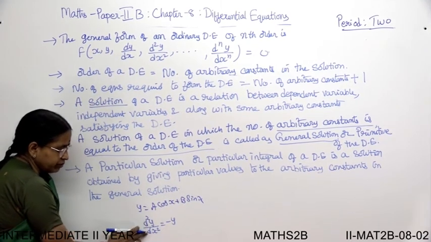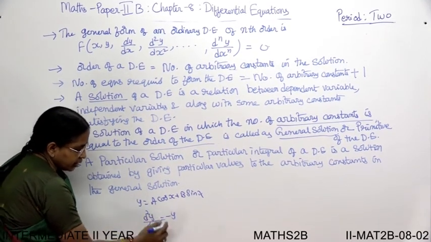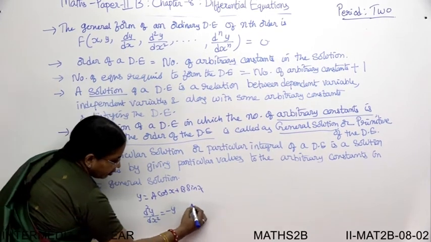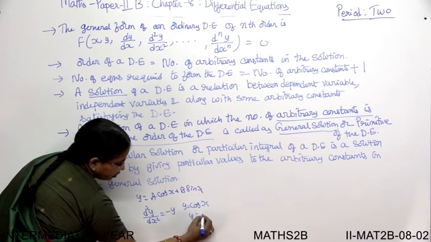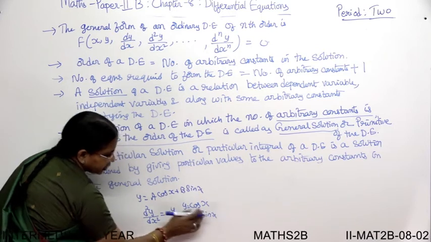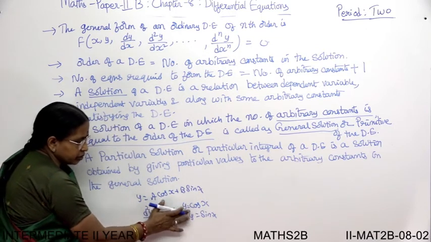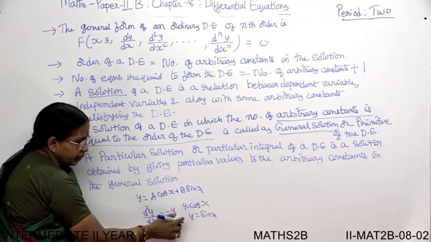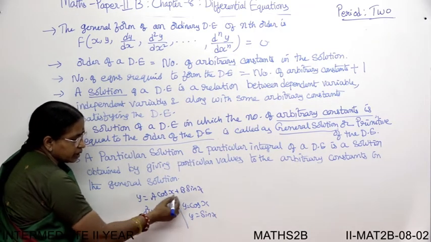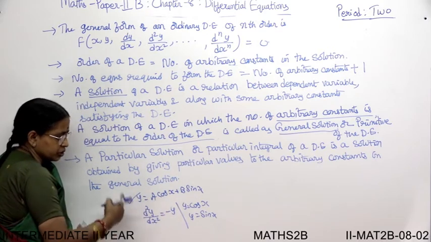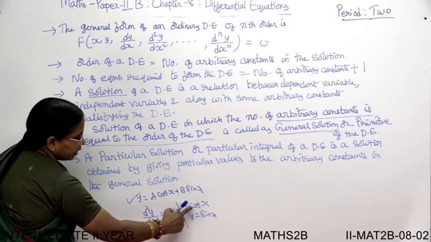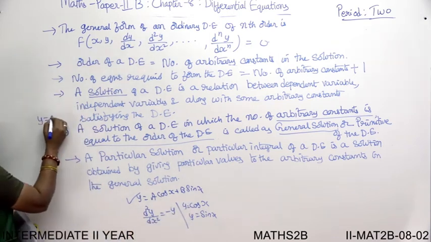Actually, for d square y by dx square is equal to minus y, y is equal to cos x is a solution and y is equal to sin x is also a solution. These are two different solutions for this. Combining these two solutions with arbitrary constants becomes the most general solution. Suppose I take y is equal to cos x.